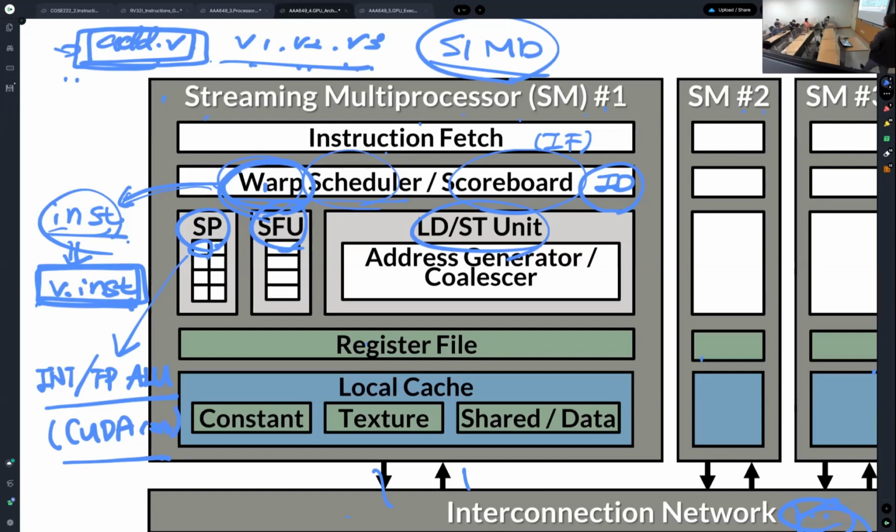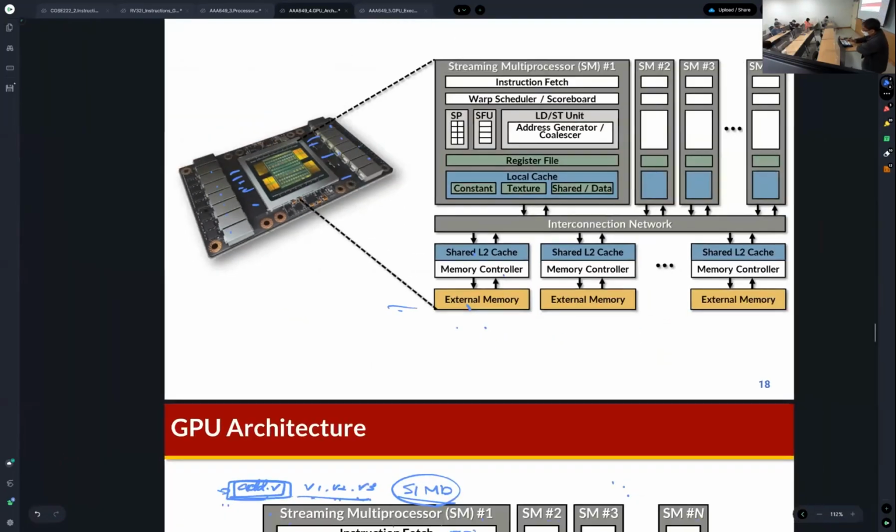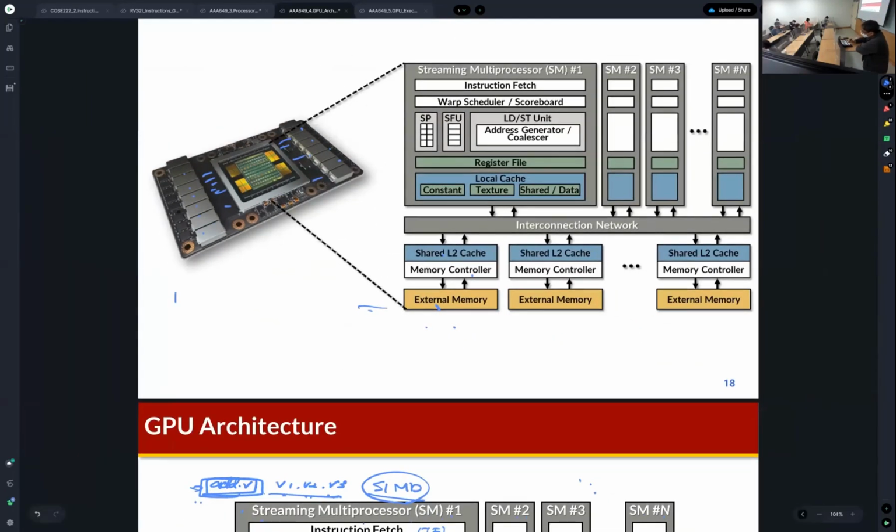I said that the architecture of GPU is similar to the array processor. So this is the warp, and the warp has multiple threads, but this is also the SIMD type instruction.